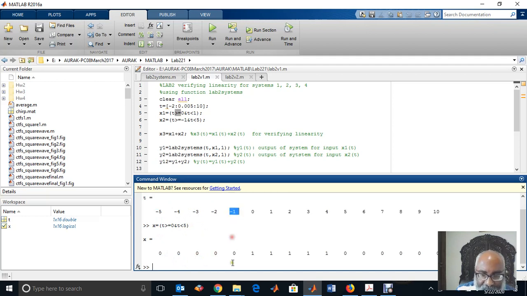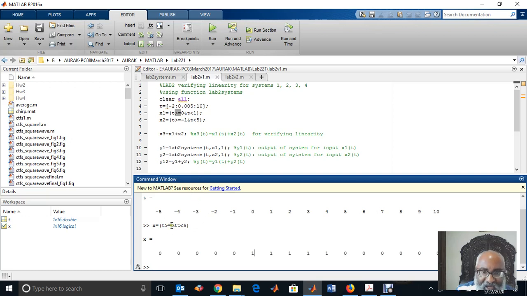T is -1, x is 0. And t is 0, x is 1. T is 1, x is 1. T is 2, x is 1. T is 3, x is 1. T is 4, x is 1. T is 5, x is 0. And for the others, it is 0. So x will be 1 for t greater than or equal to 0 and t less than 5.